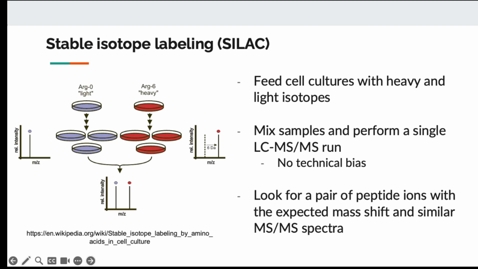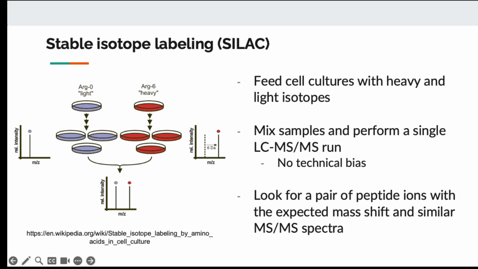This allows you to mix the protein and peptide from the two samples together and run only one mass spectrometry analysis. What the bioinformatics software has to do is identify two pairs of mass over charge that have similar spectrum and have the expected shift in the mass.